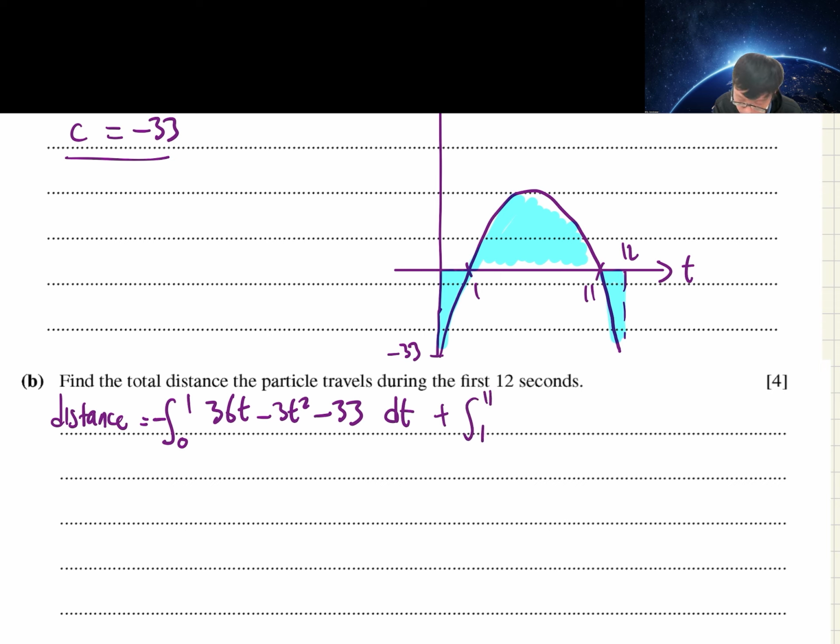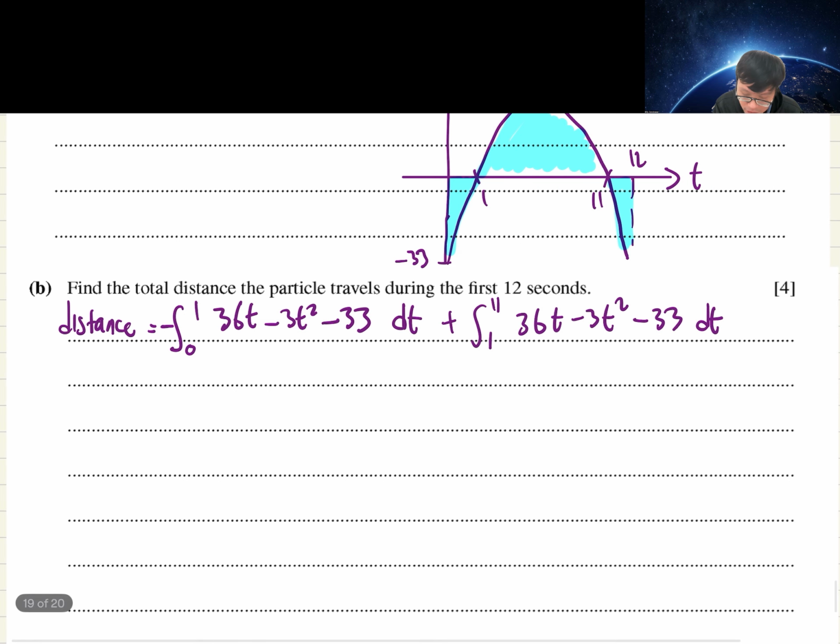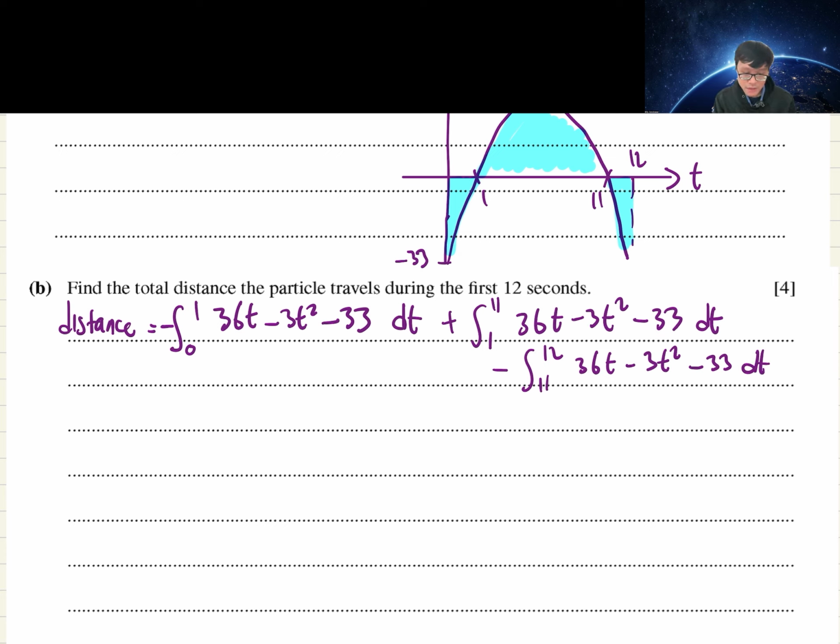From 1 to 11, 36t minus 3t squared minus 33 dt, and then from 11 to 12 is negative again, so negative 11 to 12, 36t minus 3t squared minus 33 dt. From here, just algebra, guys. So let's briefly do it.